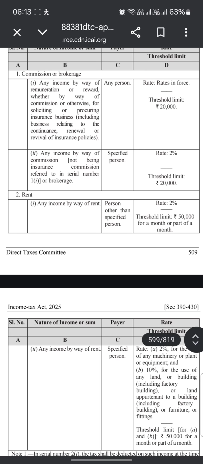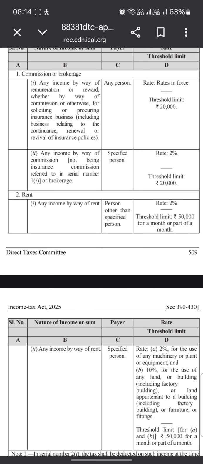Now we move to commission or brokerage. This covers any income by way of remuneration or reward, by whatever name called, for soliciting or procuring insurance business, including business relating to the continuance, renewal or revival of insurance policies.